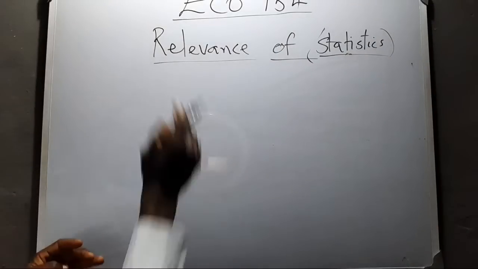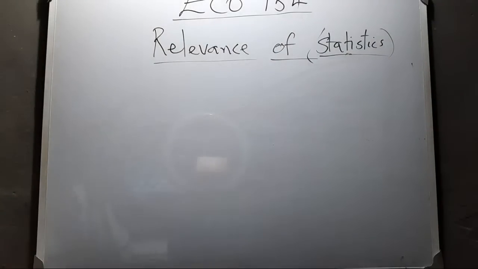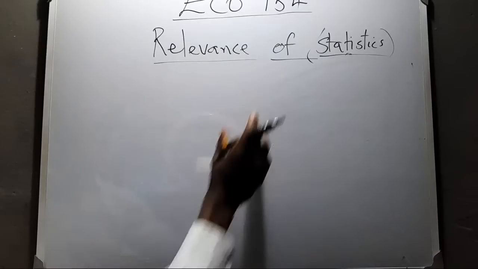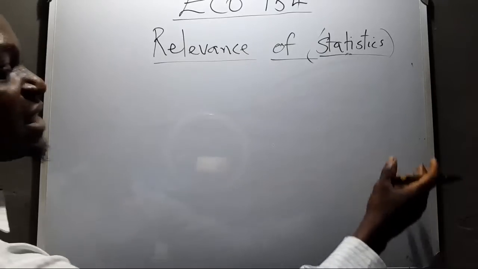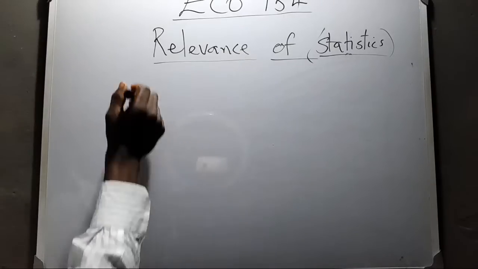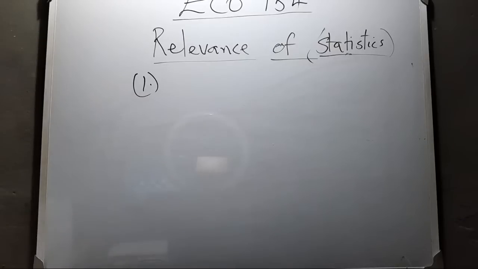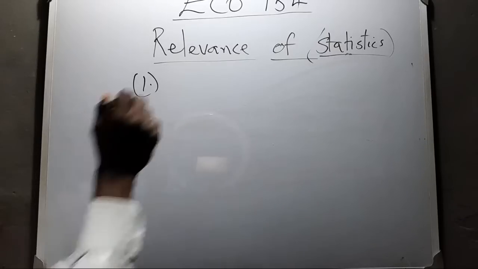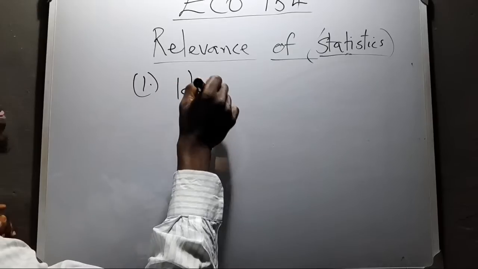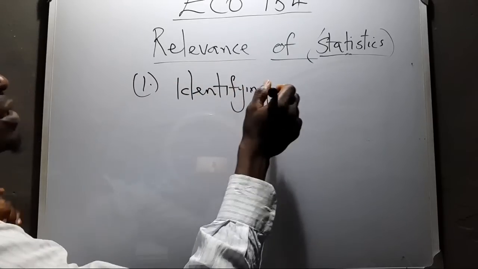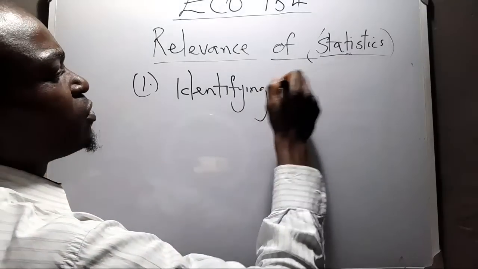Let's look at the stages we have to follow from the beginning to the end. Now, process number one, the first process, is what? Identifying the research objective.